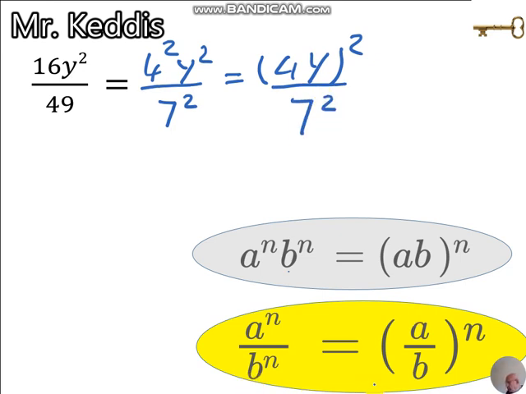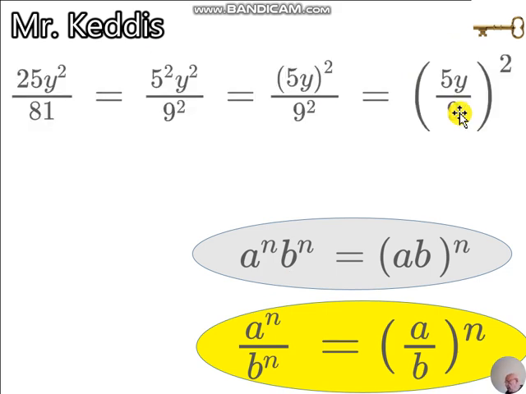According to these rules here, I can write this as a over b quantity squared, means 4y over 7 quantity squared.